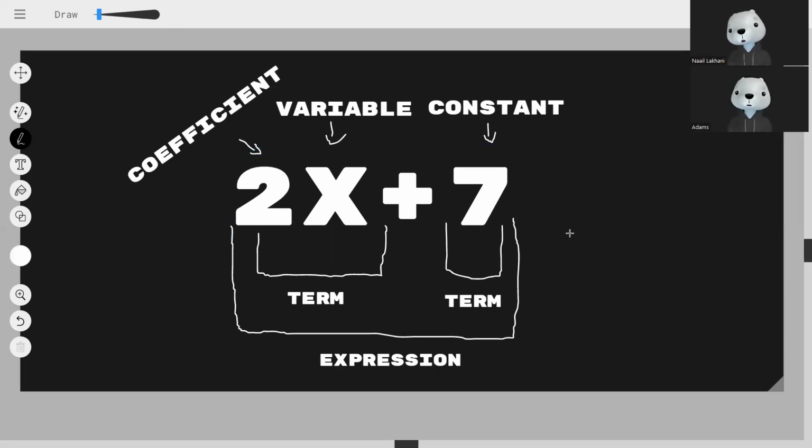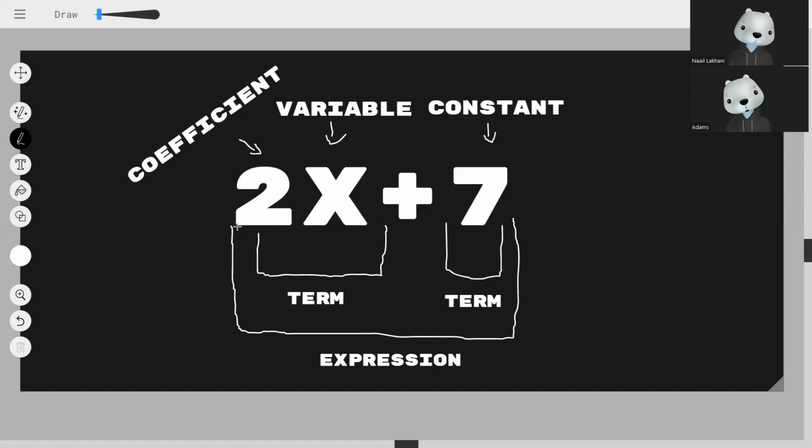That's why in algebra, actually in all of mathematics, multiplication is implied. So you don't have to write it when you're writing a letter next to it. And if you want, you can put a small dot to represent multiplication, but you don't need to include it.